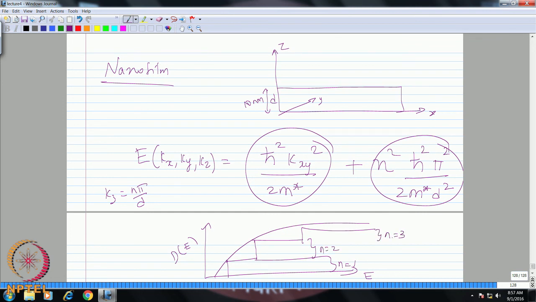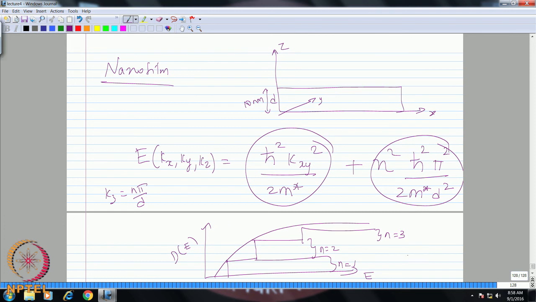So, similarly, if you put confinement in two directions, this will end up being just lines, and if you put confinement in all the three directions, it will be just points. So, these are called quantum dots. You can say these are just stair step profile.